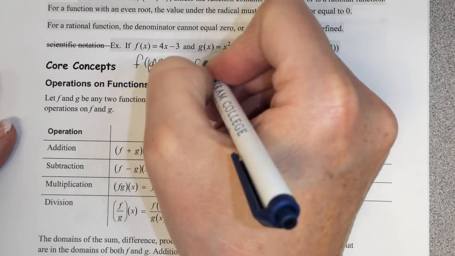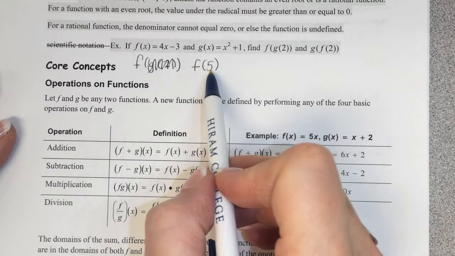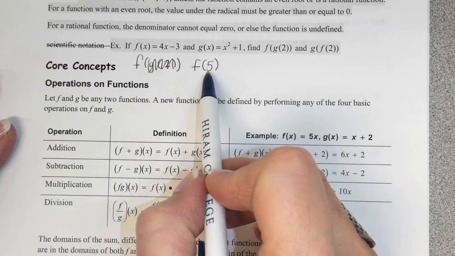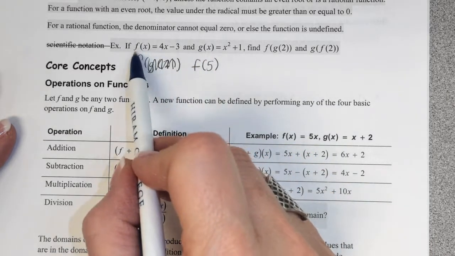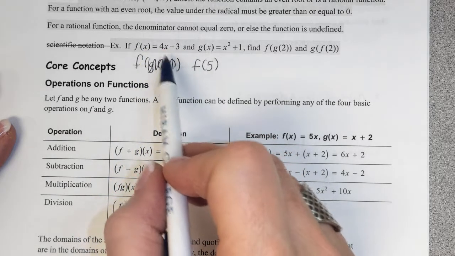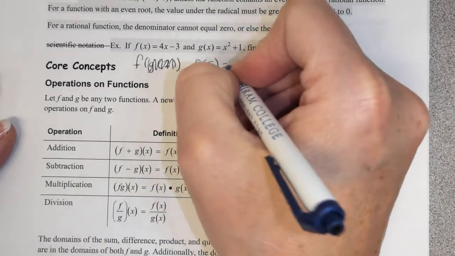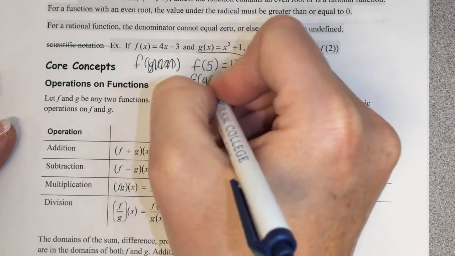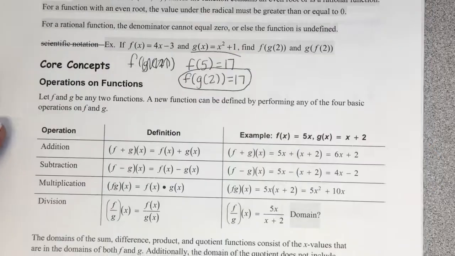So now my problem becomes f of 5, because I already replaced the g of 2 with the 5. So to do f of 5, that means in the f function, wherever we have an x, replace it with a 5. What do we get? 17. So that would be the answer for f of g of 2. That answer is 17.